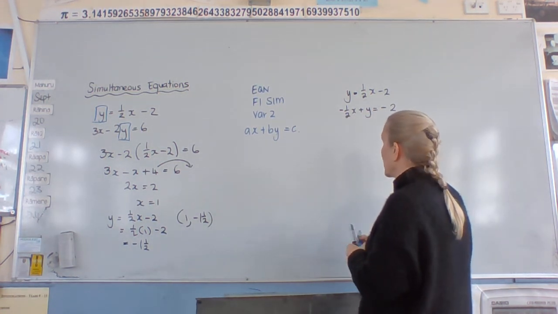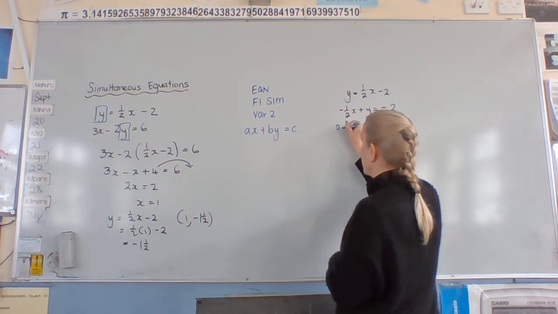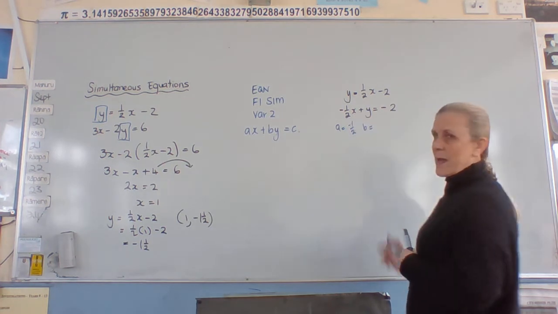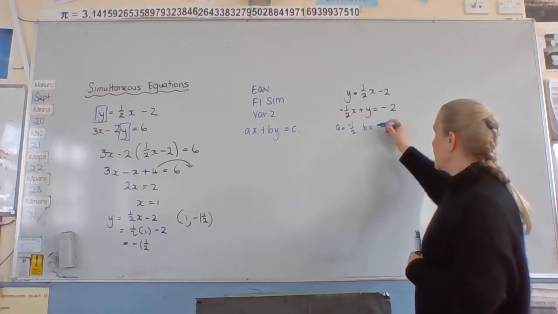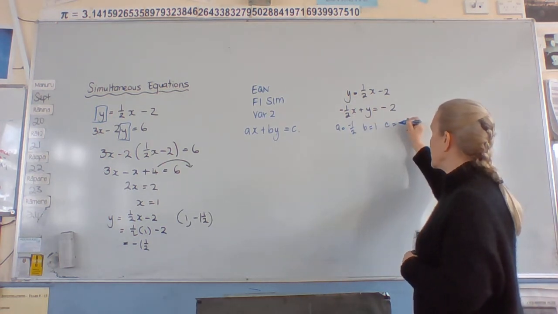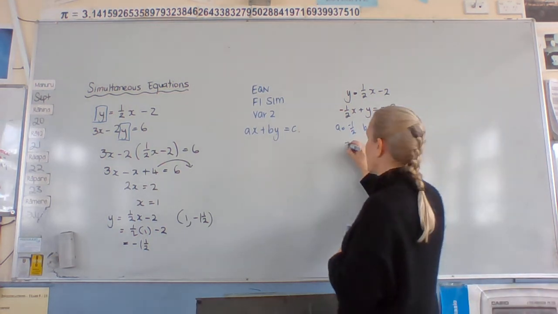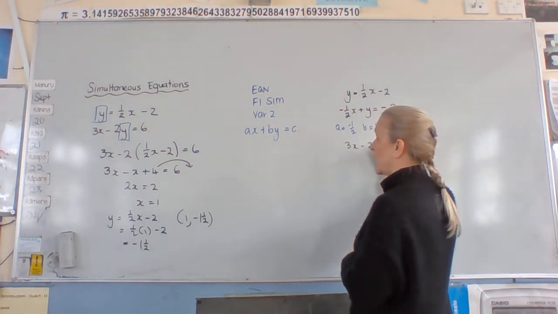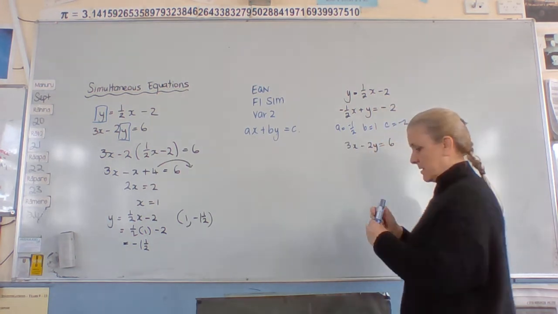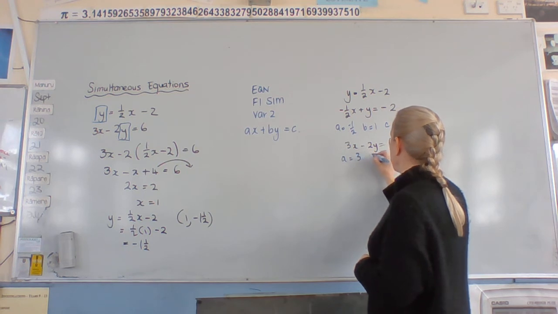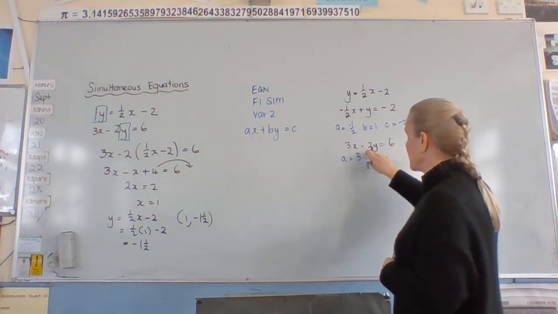So we've got a equals negative a half, b equals the number in front of y, which is 1y, so it's 1, and c equals negative 2. In the second equation, 3x minus 2y equals 6, we've got a equals 3, b equals negative 2.